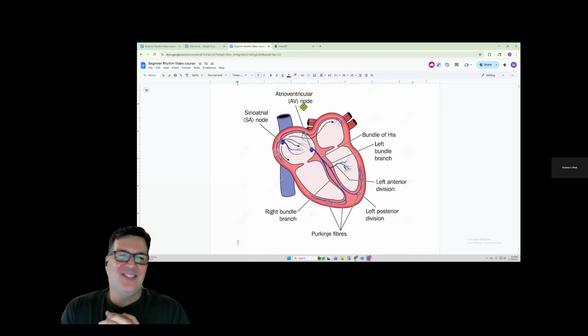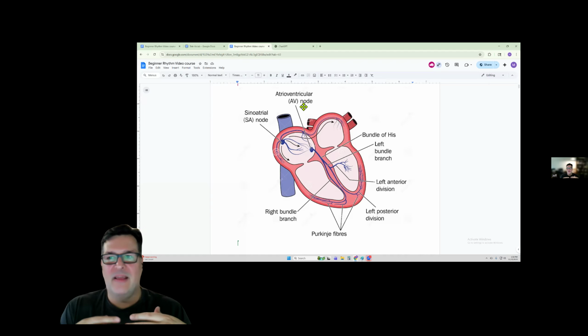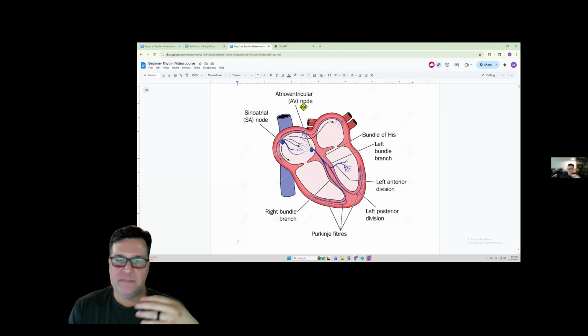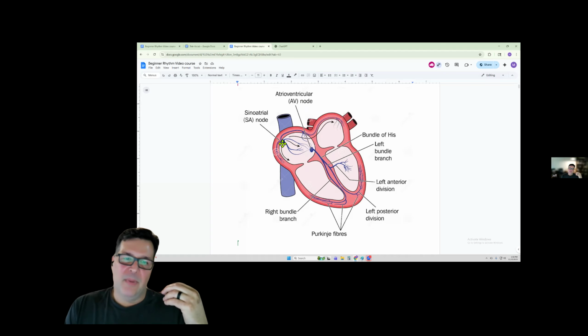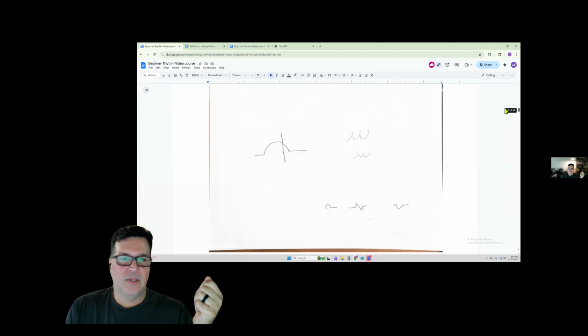Okay. So, again, real quick, you have your SA node, which is the native normal pacemaker of the heart. That impulse contracts and then goes down through the intranodal pathways and contracts the atrial chamber and gets to the AV node. A normal PR interval. Where's our normal P here?